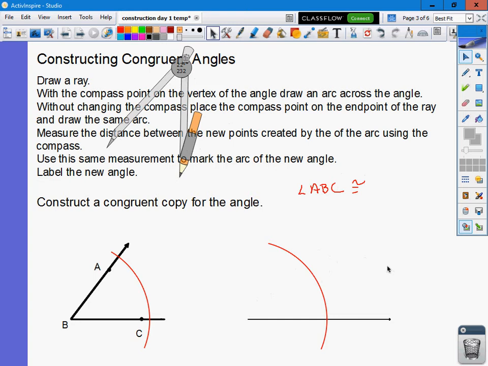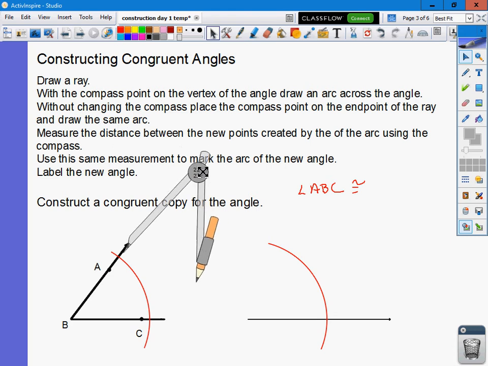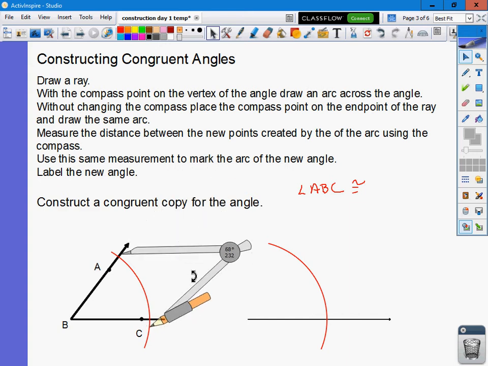Everybody with me so far? What you're going to then do once you've made that arc is take your compass and slide it back over to the original angle. And you're going to set it so that you can figure out what the exact distance is between point A and point C, where that arc is.